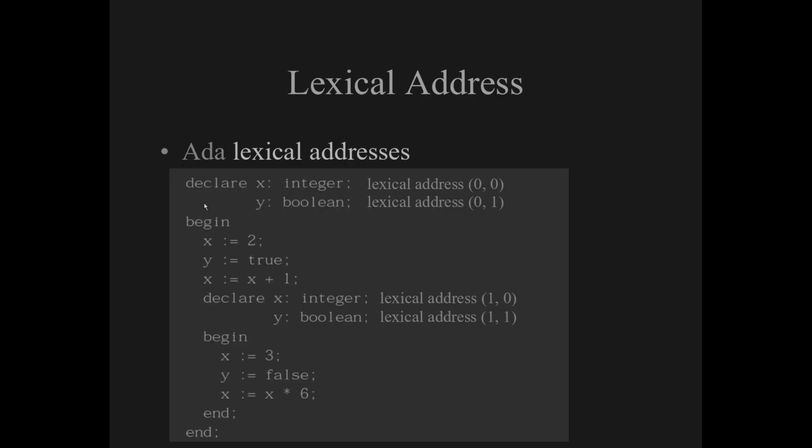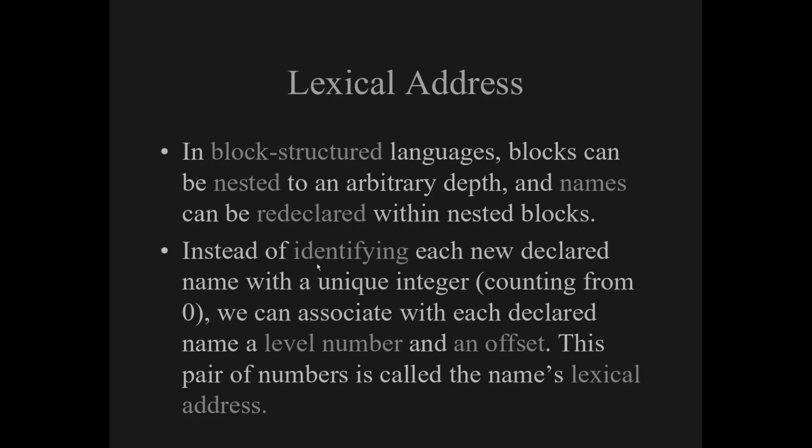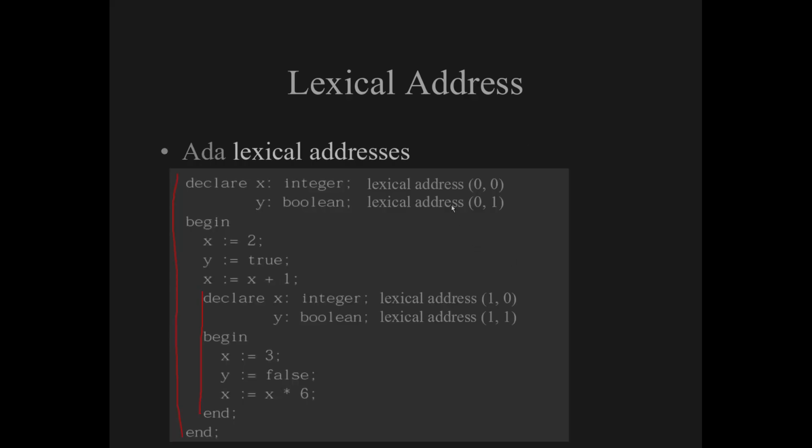So in Ada, you have two nested blocks here. Here's the inner block and here's the outer block, right? Now, the outer block has lexical address 0, okay?